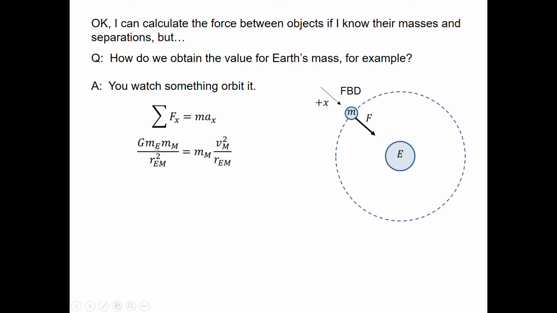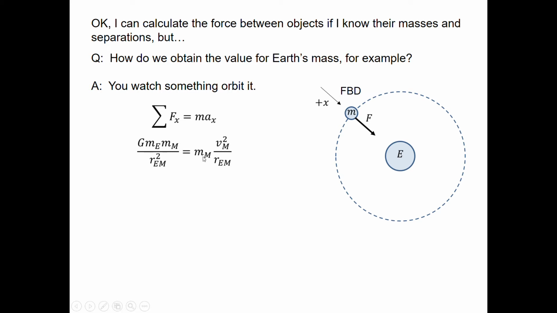G times the mass of Earth times the mass of Moon divided by the distance from Earth to Moon. I wrote that as REM, distance from Earth to Moon, squared. Okay, that's the only force acting on it, and in my coordinate system, it's a positive x component.